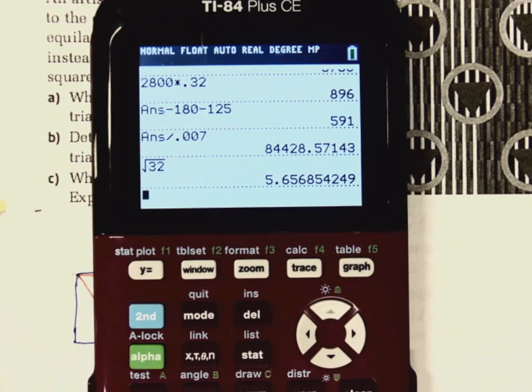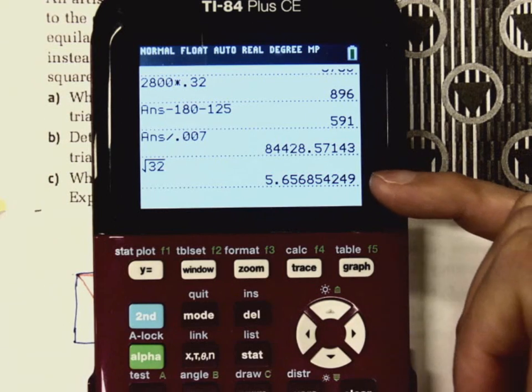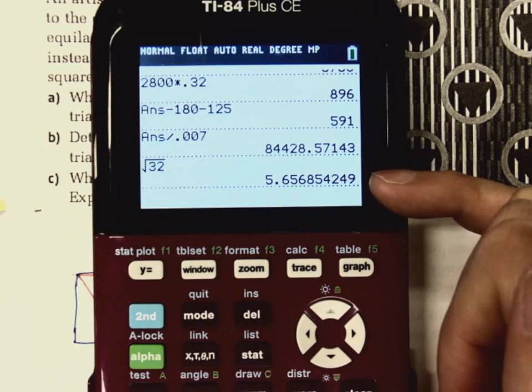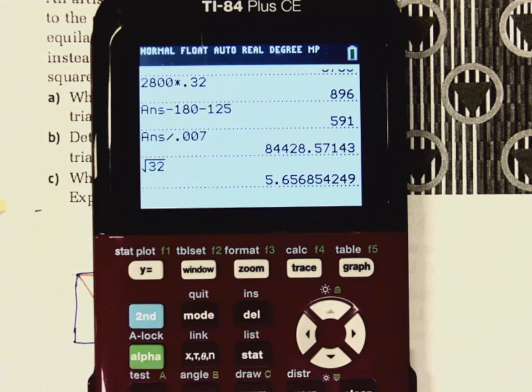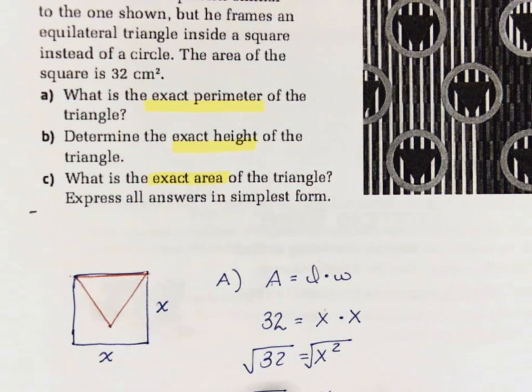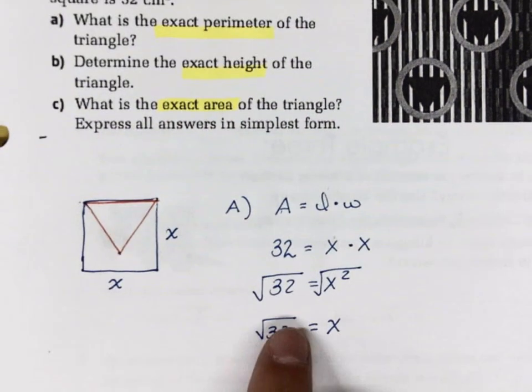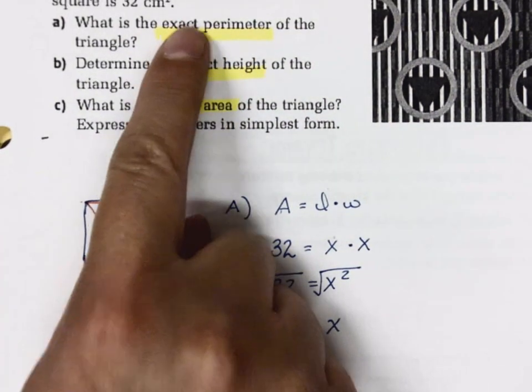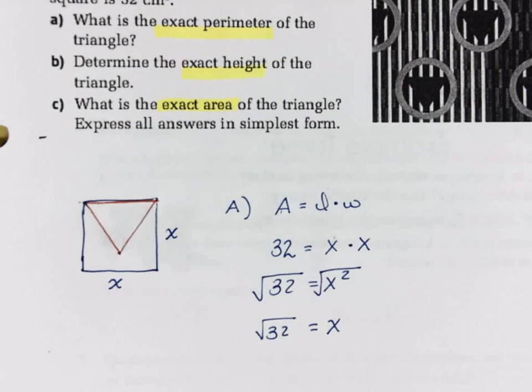They never end, never repeat, with no pattern in them. So we have to leave it as a root. When it says exact, I'm asking you to leave your answer in radical form.